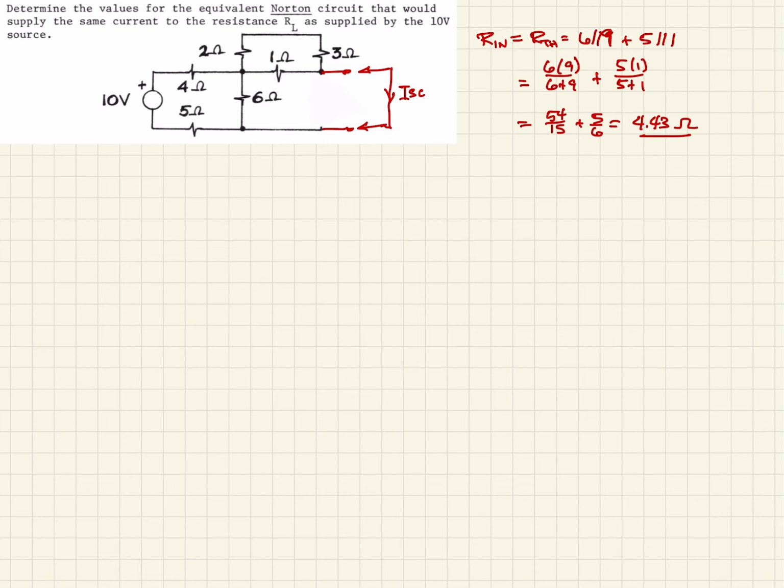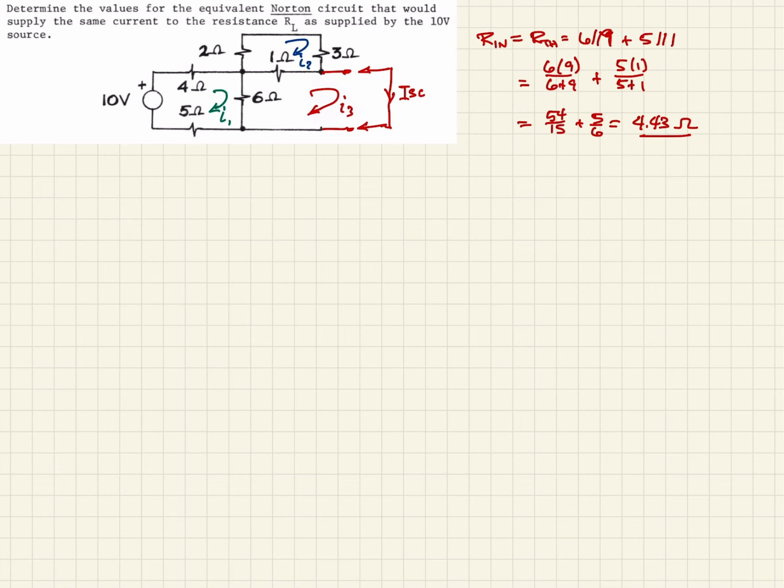So that being the case, we're going to define some mesh currents here. So we'll call this one I3. We'll call this one I2. And finally this one we'll call I1. So now we can go back and write our voltage loop equations.